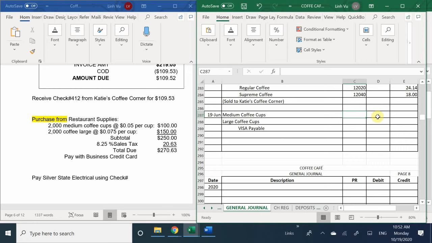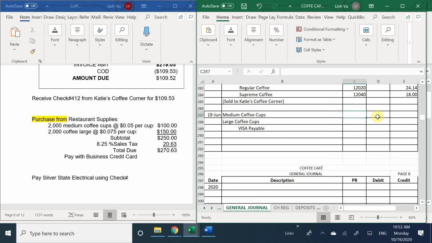It's based on the total amount of sales that you have. So in this case, I charged the whole total amount of 100 for the medium cups, and I charged 150 for the large cups. So how do I distribute the tax based on that? It's prorated, percentage wise.